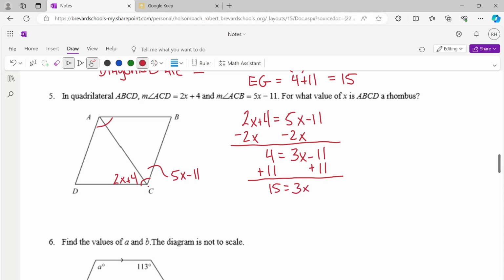And then you can divide both sides by 3. So 5 is equal to x. When x is equal to 5, these two angles are congruent. And when those two angles are congruent, then ABCD is a rhombus.